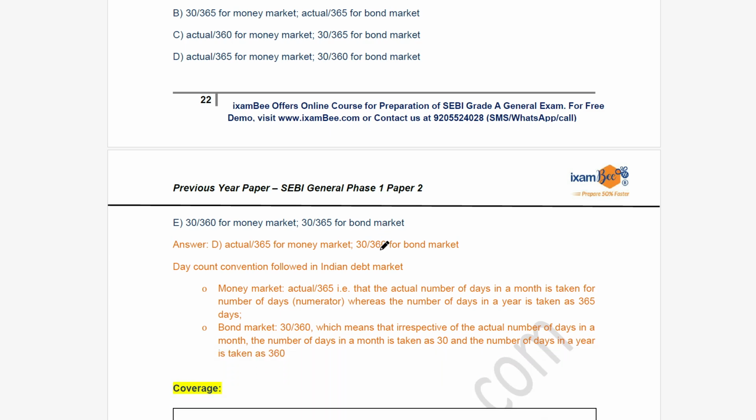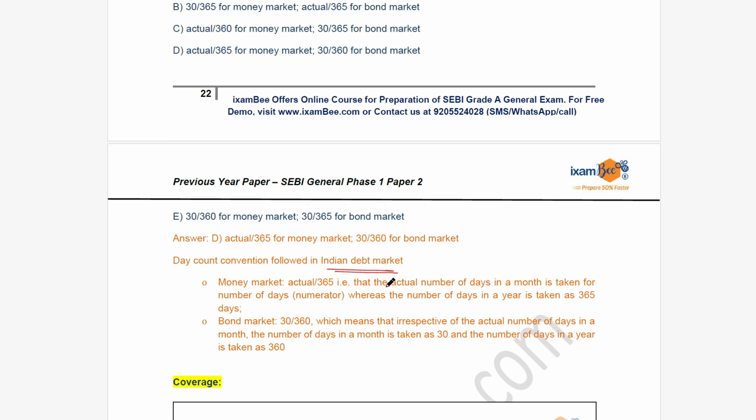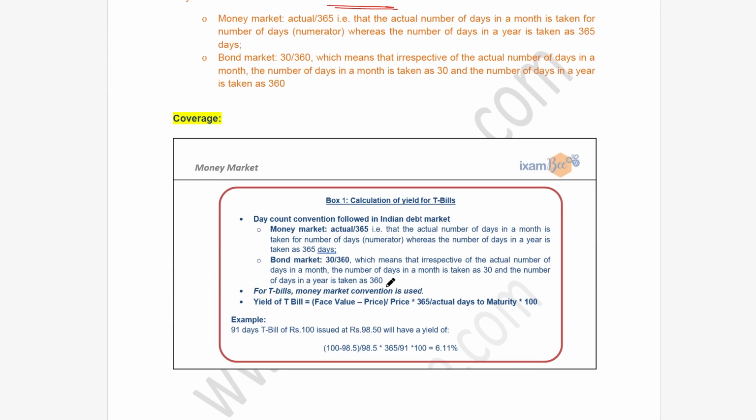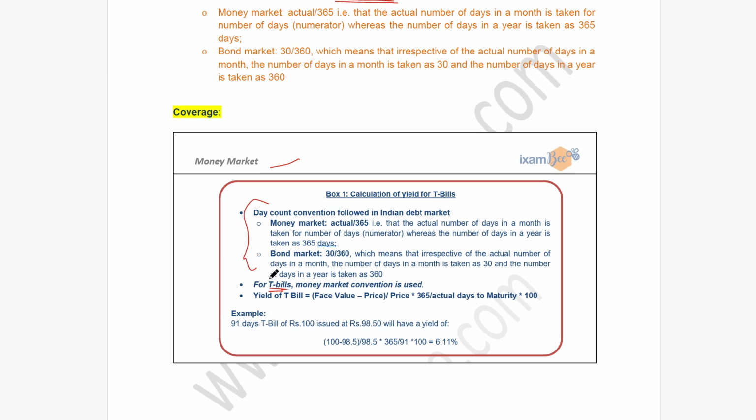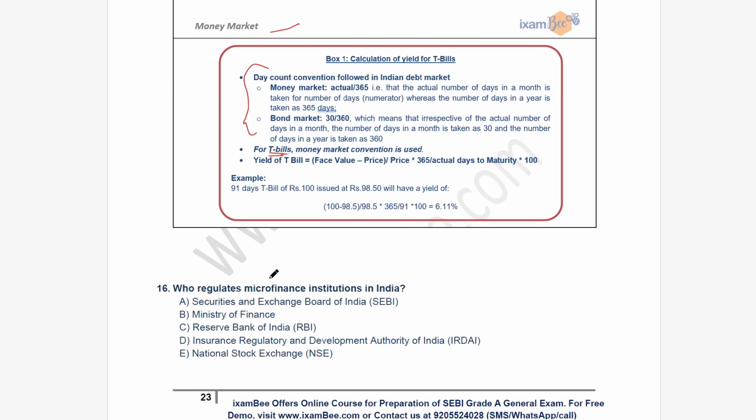So this is a convention in the Indian debt market, which even RBI specifies. Again, something we had covered as an understanding while discussing the various money market instruments that one should know. And this was done in connection with discussing how T-bill yields are calculated. So this concept of day count convention was discussed very directly in our course.